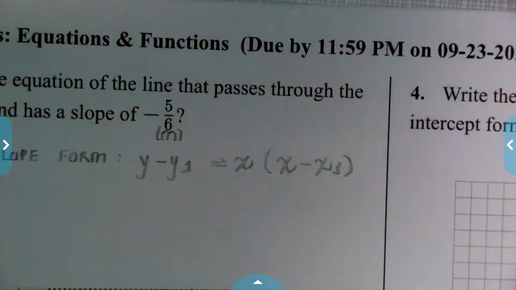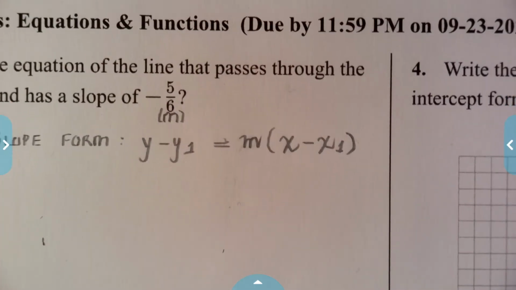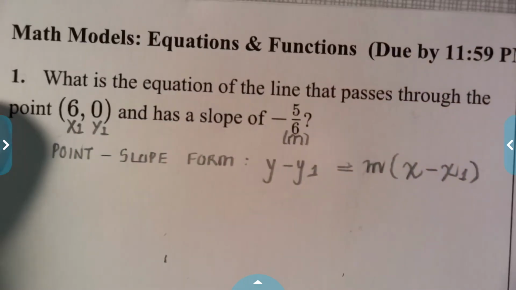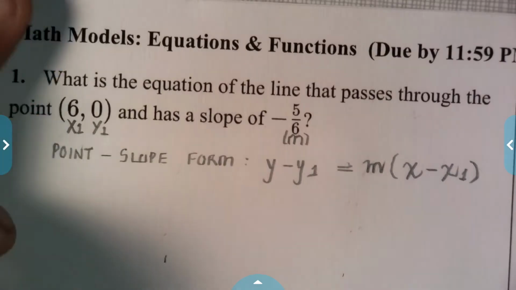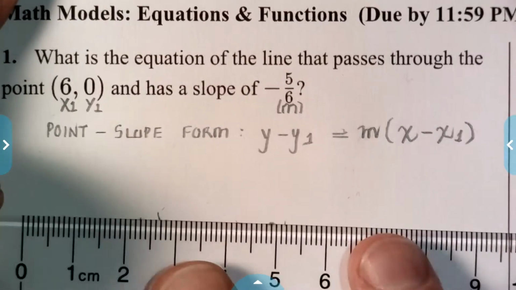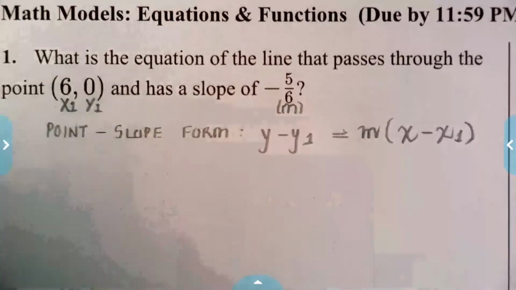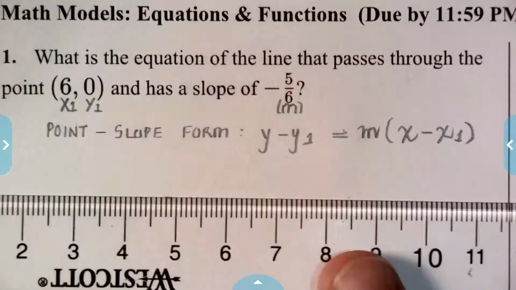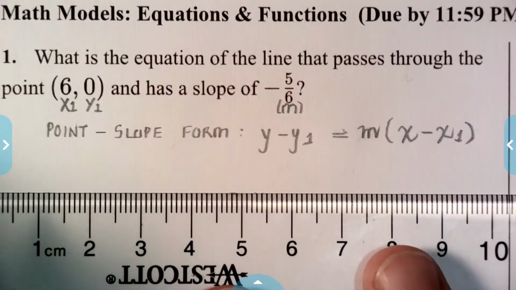When I wrote x, I meant to say m. This is the slope, m. All right, so you have y minus y1 equals m, x minus x1. So you're going to plug in all your values now and create this form. And when we simplify that form, it'll simplify into slope-intercept form.